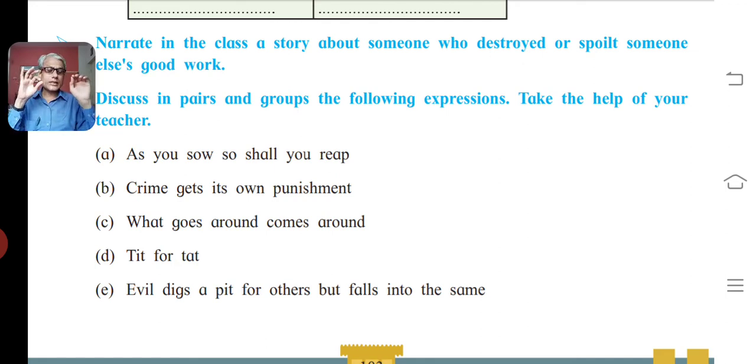All of these expressions convey the same meaning. The meaning of all these 5 expressions is the same. They all mean that when a person acts with a certain intention, the results will be the same.